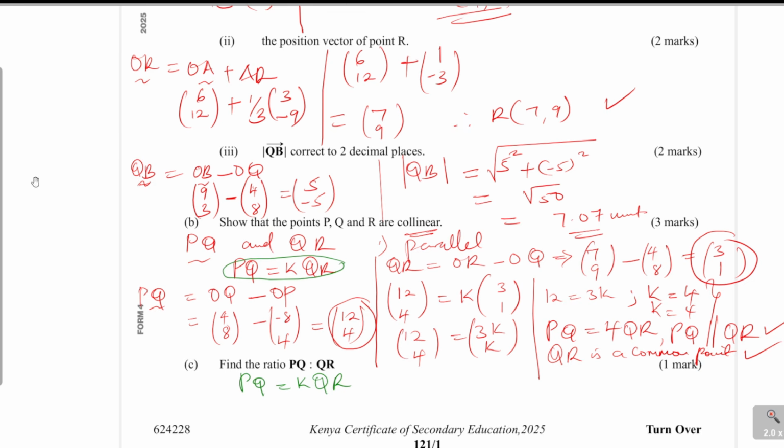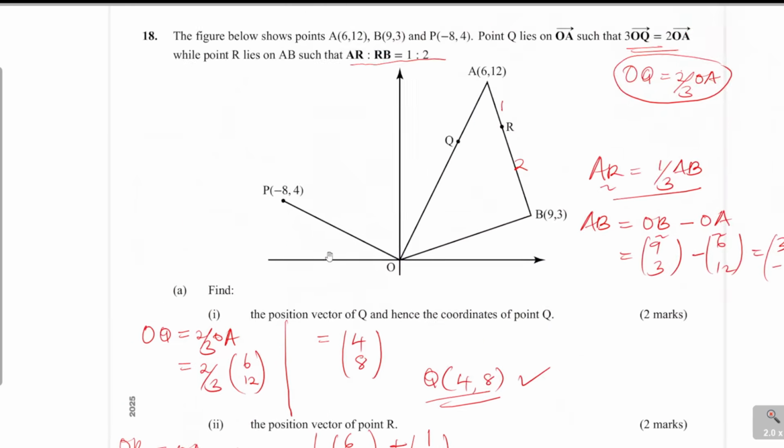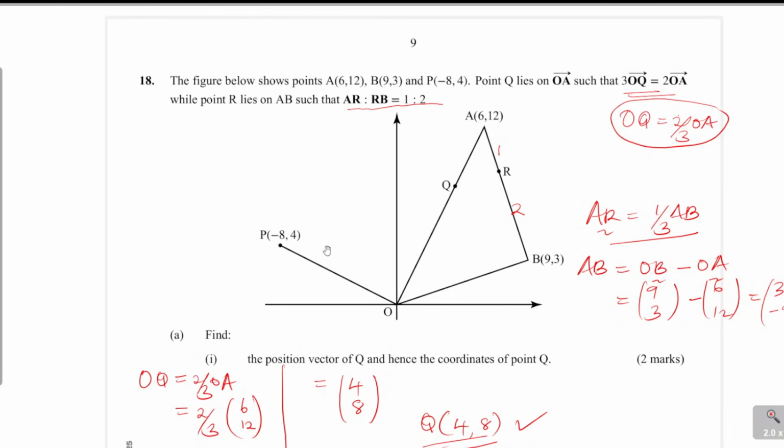And when you look at the diagram, it will still guide you. You can join these, and we got that PQ is equal to 4QR. So this alone will give you the ratio.